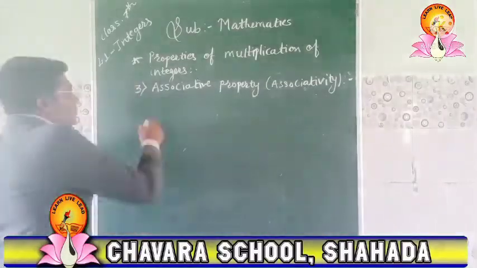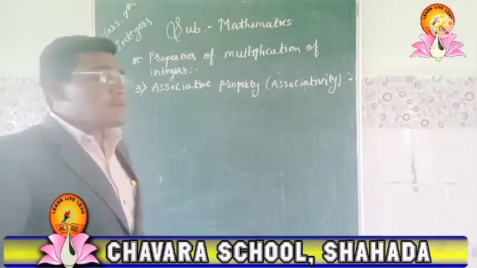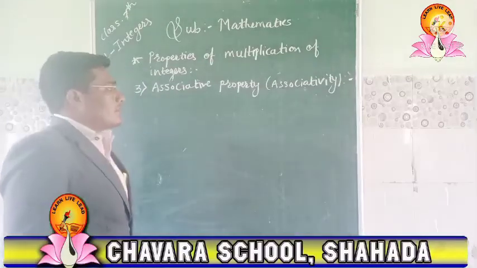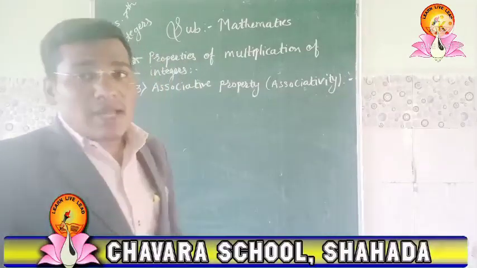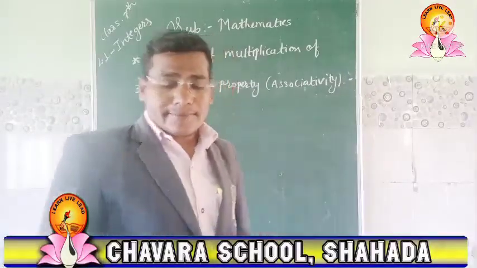So we are going to start with the third property. The name of the property is associative property. So what is meant by associative property, that we will see.